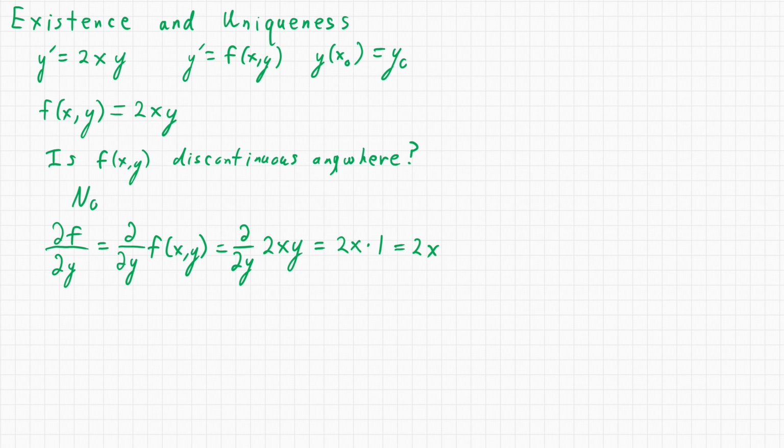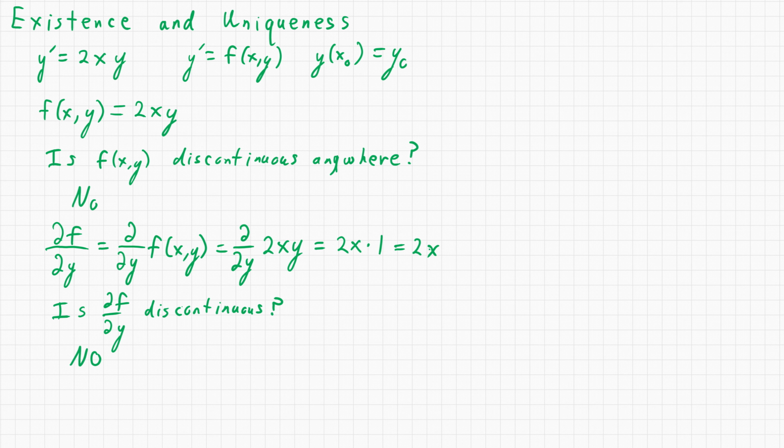There's a little example. And now the question is, is partial f partial y discontinuous? And the answer is no, right? Everywhere we plug in, y doesn't matter anymore. We can plug in any y we want. It doesn't affect 2x.